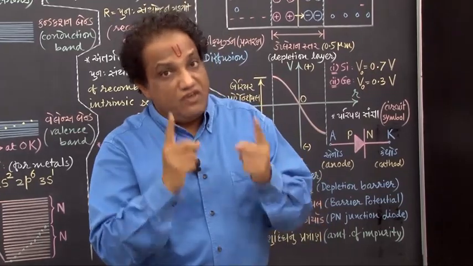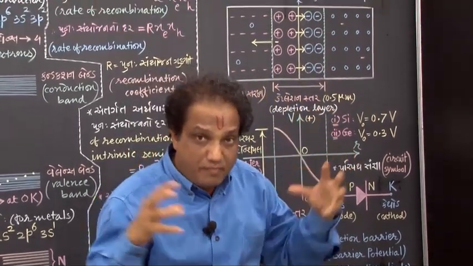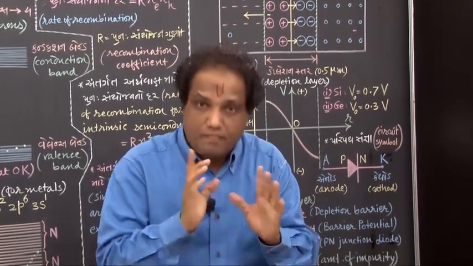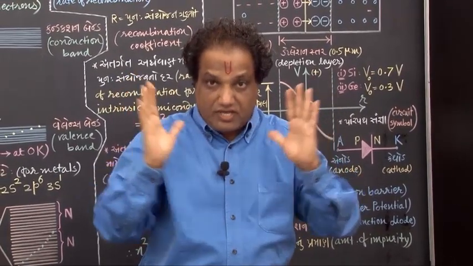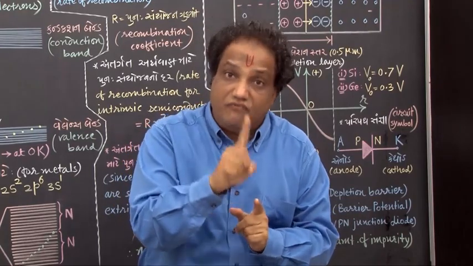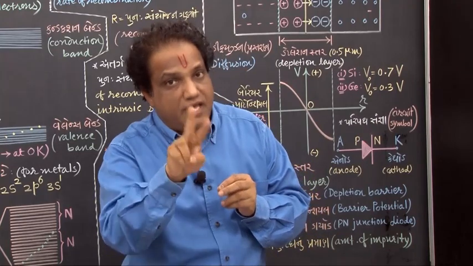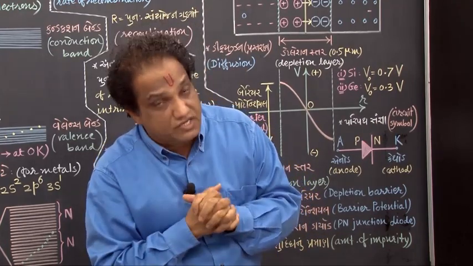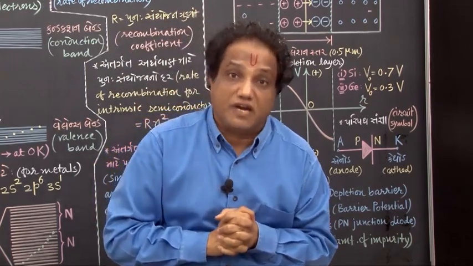If you keep a small amount of impurity in both semiconductors while preparing the PN junction, we get a quite wide depletion layer, and when the width is more, the electric field will be weak. So by just changing the amount of impurity, we can have different types of PN junctions with different I versus V characteristics.